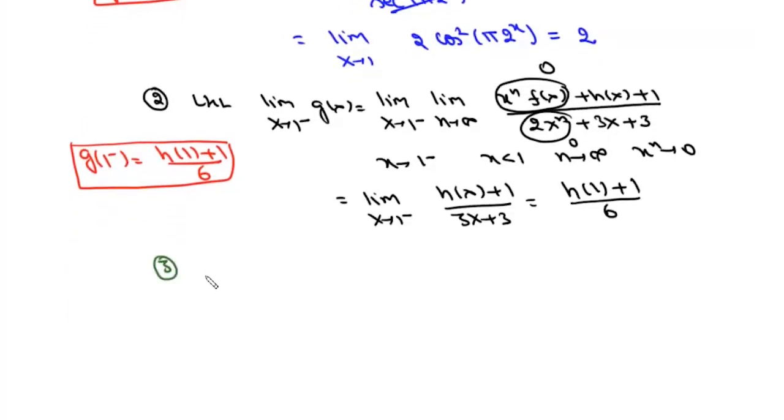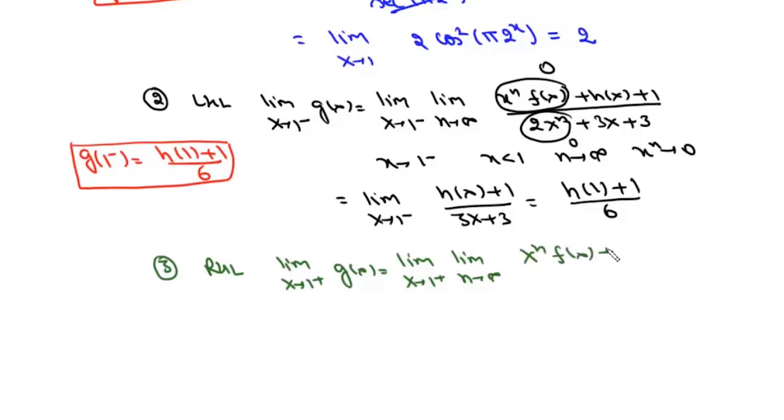Now this right hand limit is limit x tends to 1 positive g x, and will be this limit x tends to 1 positive, and then limit n tends to infinite x to the power n f x plus h x plus 1 upon 2x to the power n plus 3x plus 3.